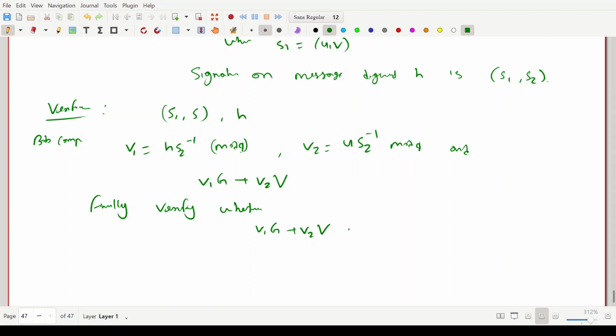Finally he verifies whether V1G plus V2V, taken modulo Q, is equal to S1 or not.